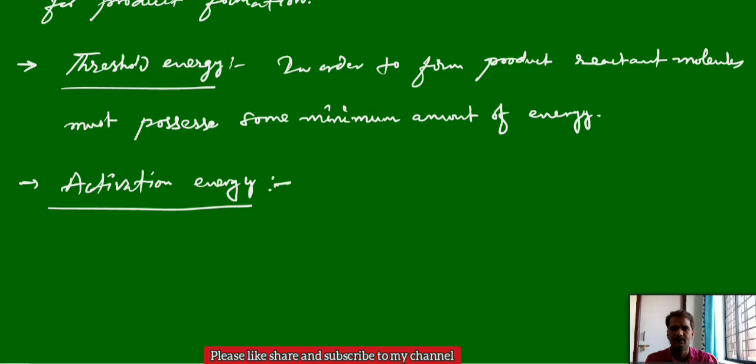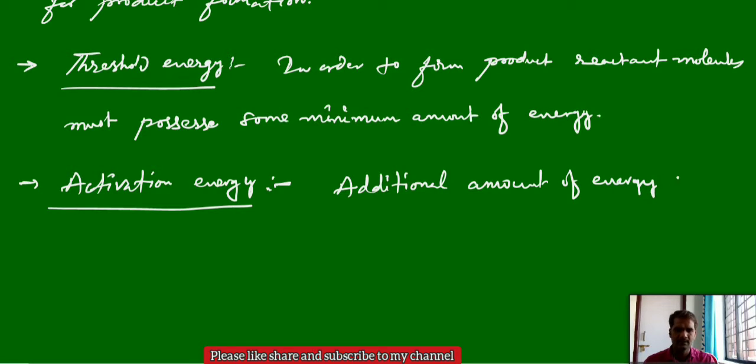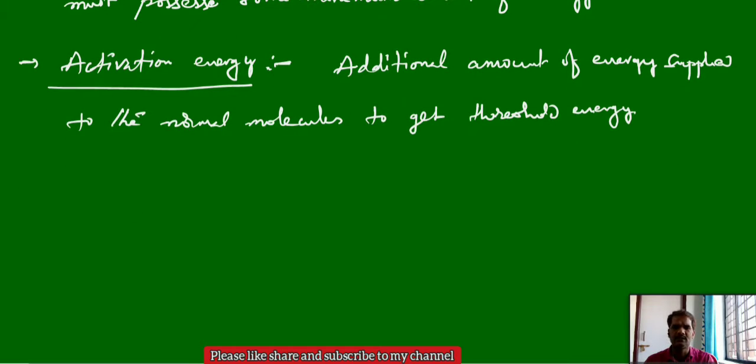This is the externally supplied energy to reach the threshold energy, an additional amount of energy. Generally, activation energy is represented with the symbol Ea.